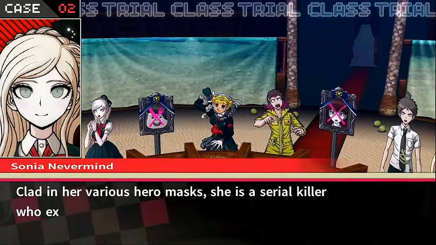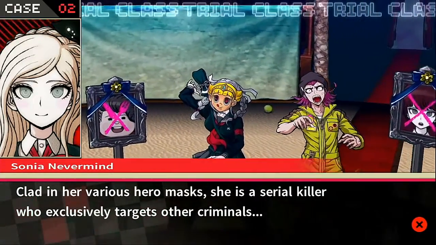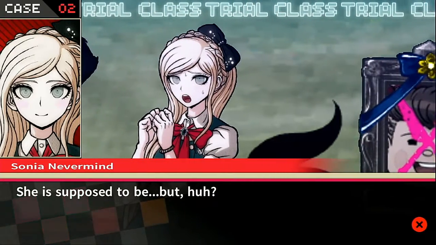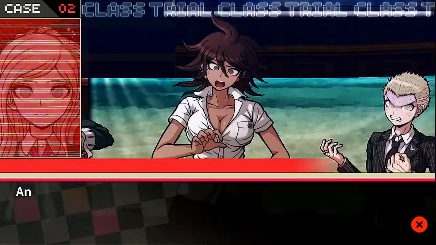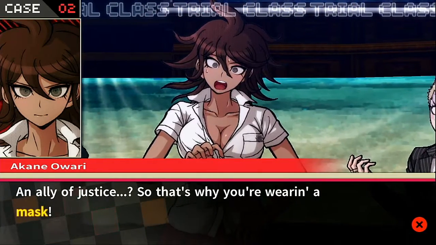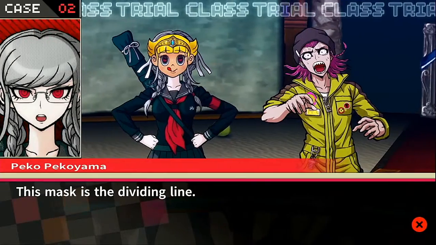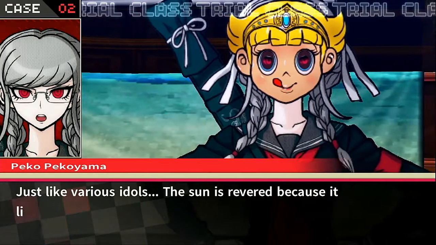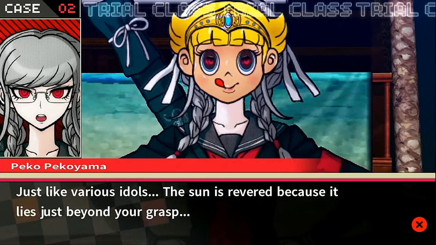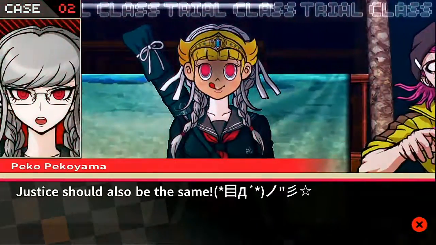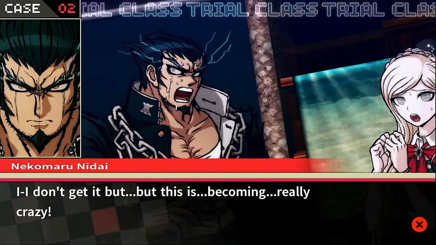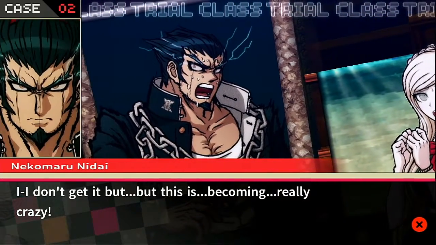Clad in her various hero masks, she is a serial killer who exclusively targets other criminals. She is supposed to be... But... Huh? An ally of justice? So that's why you're wearing a mask! This mask is the dividing line, just like various idols. The sun is revealed because it lies just beyond your grasp. Justice should also be the same. I don't get it, but this is becoming really crazy.